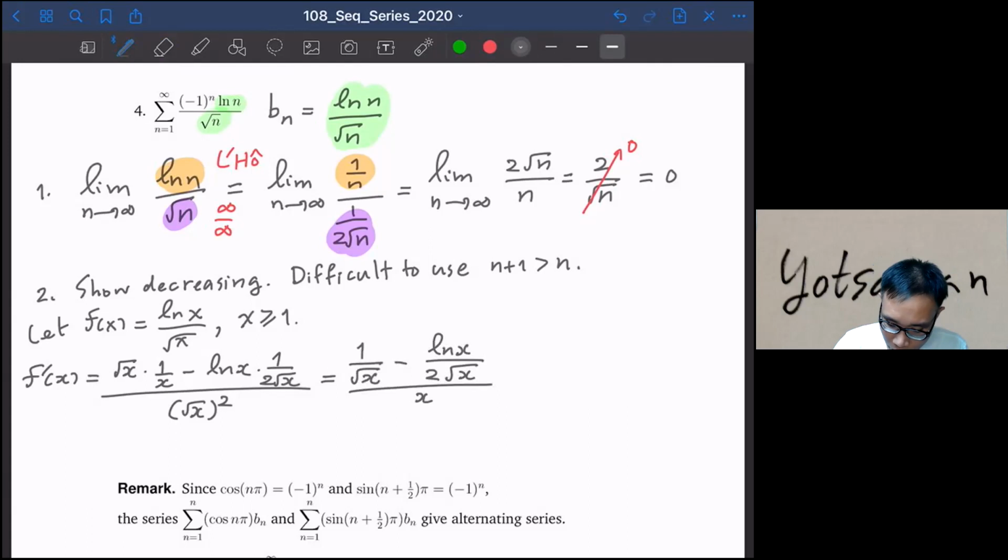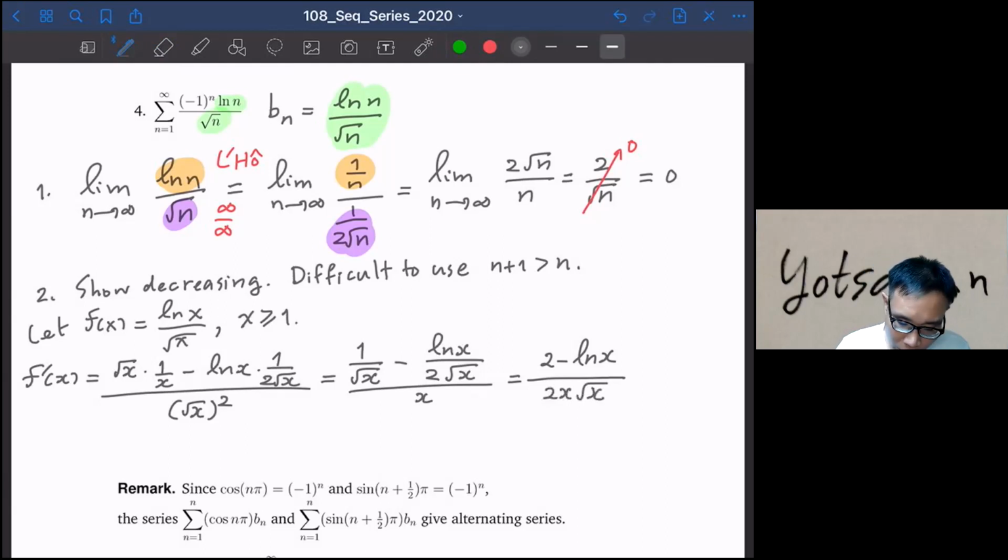So for this one, it's going to be 2 minus log x over x root x. No, it's going to be 2, right? So it's going to be 2.